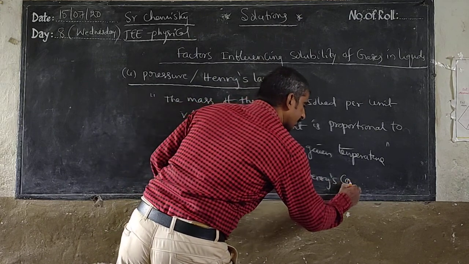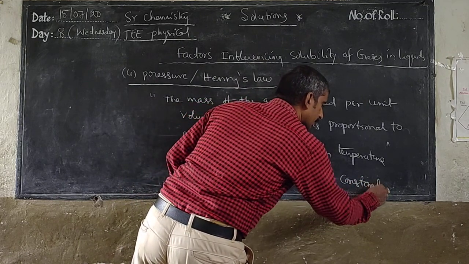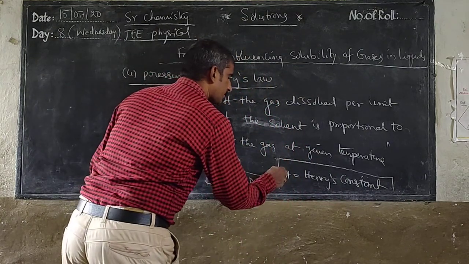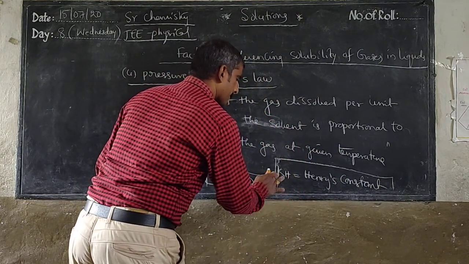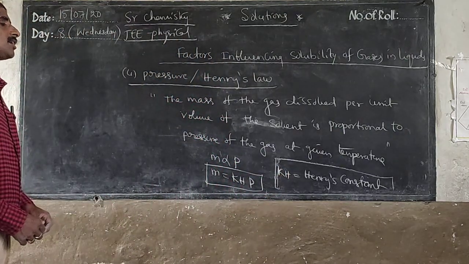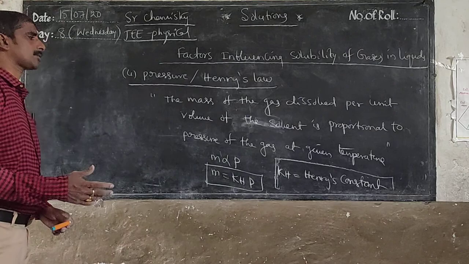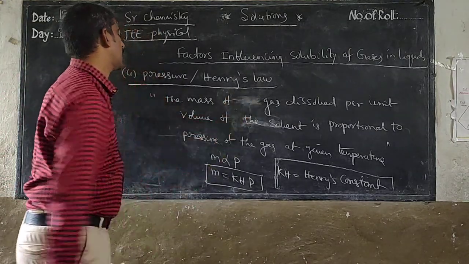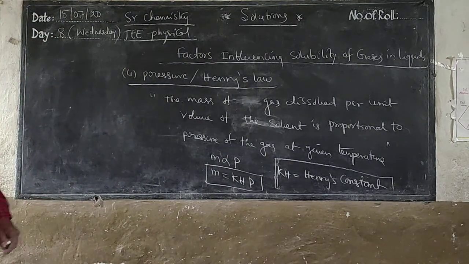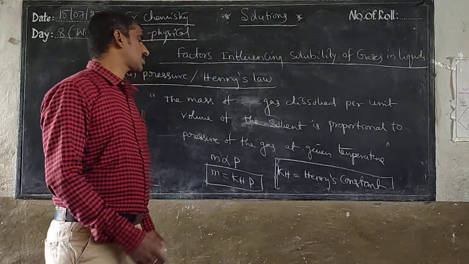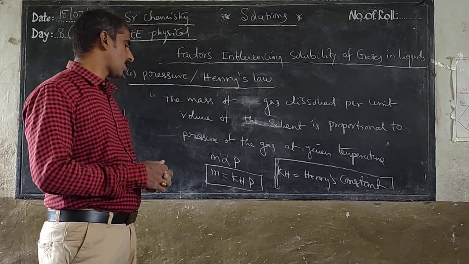Henry's constant, its sign is very important. Henry's law statement: the mass of gas dissolved per unit volume of the solvent is proportional to the pressure of the gas at a given temperature.